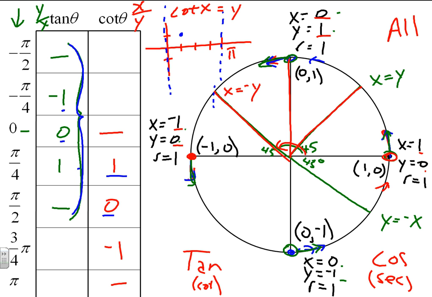At pi on 2, we're up 0. And at 3/4 pi, we're at negative 1. Okay, sort of looks like an upside down tangent graph, but with a little shift on it. So I like dealing with cotangent between 0 and pi, tangent negative pi on 2 to pi on 2.